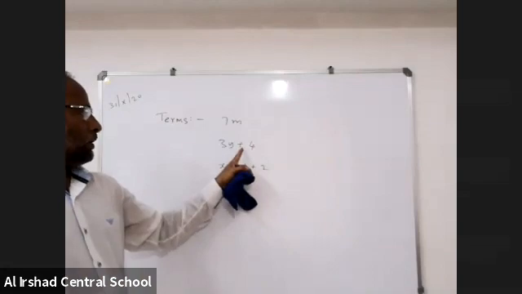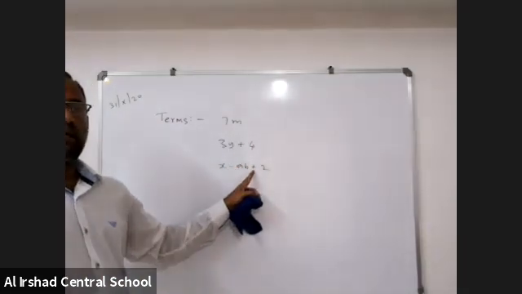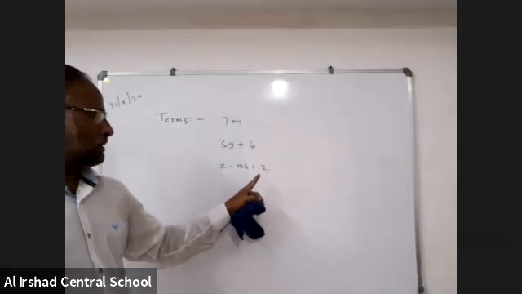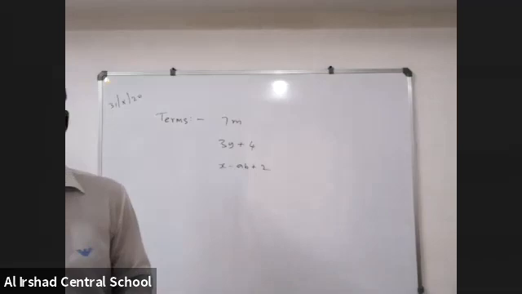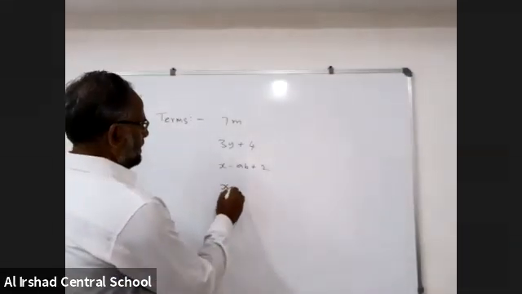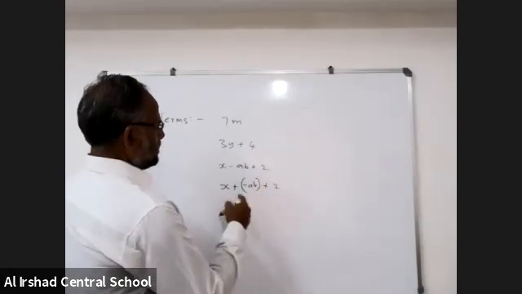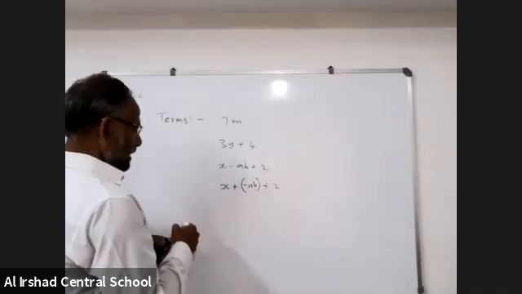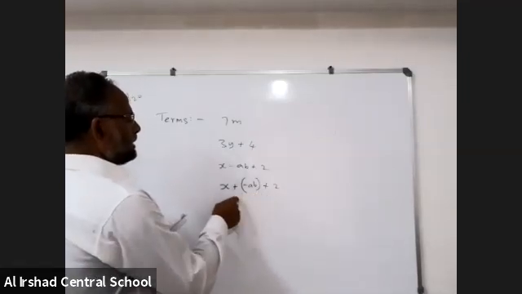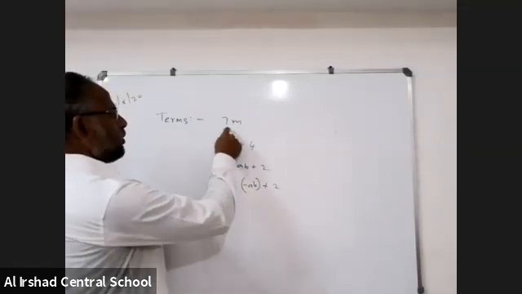Subtraction means change the sign and add. This I can write as plus minus ab plus 2. How many plus signs are there? 2 plus 1, 3 terms. 1 plus 1, 2 terms. 1 term.